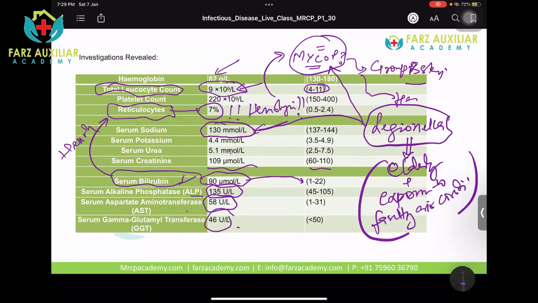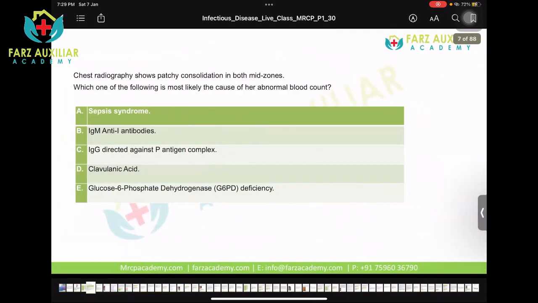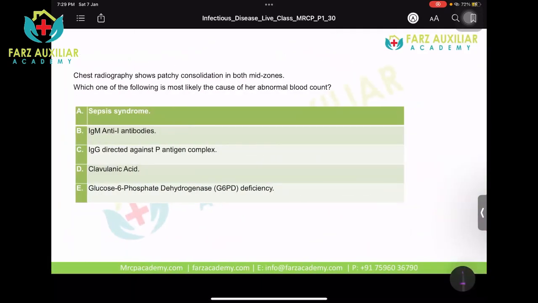All right, so we have this picture. Chest radiography shows patchy consolidation in both middle zones. Which of the following is the most likely cause of her abnormal blood count?